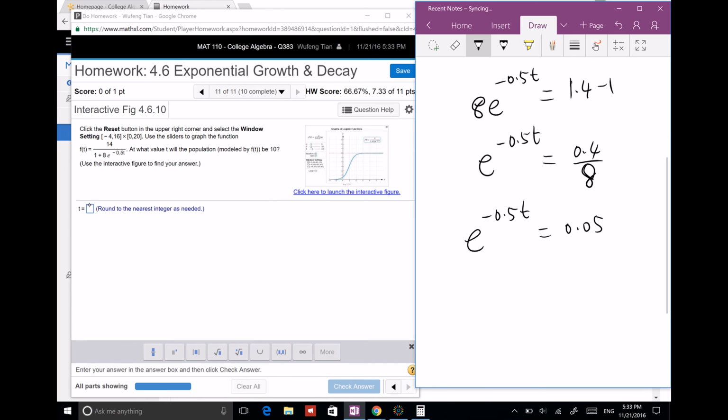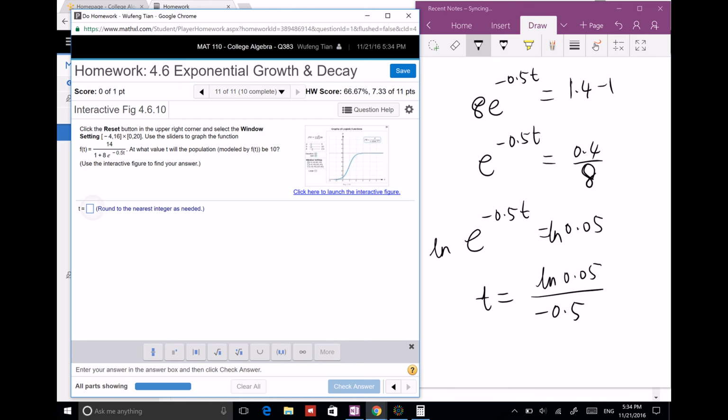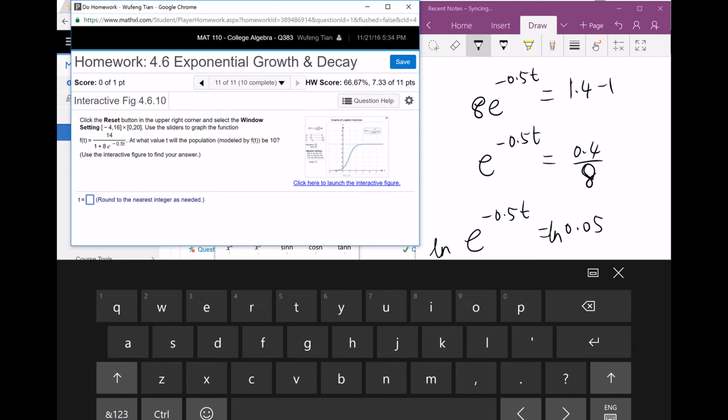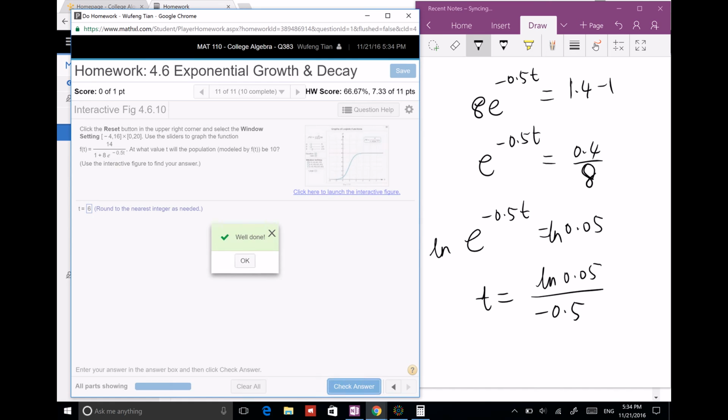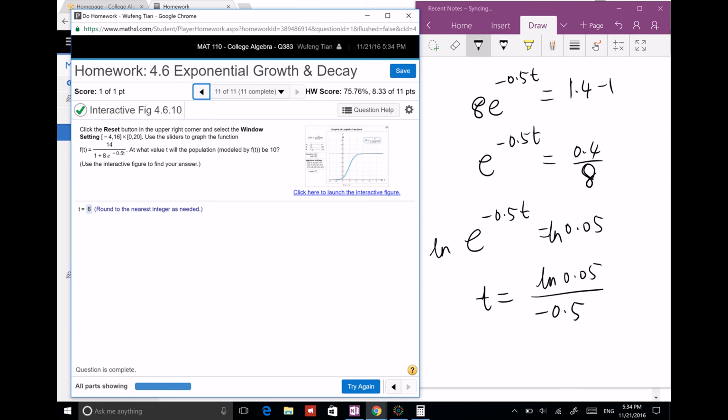Then you take ln on both sides, so t equals ln 0.05 divided by negative 0.5. Ln 0.05 divided by 0.5 equals about 6 years. So 6. Okay, that's it.